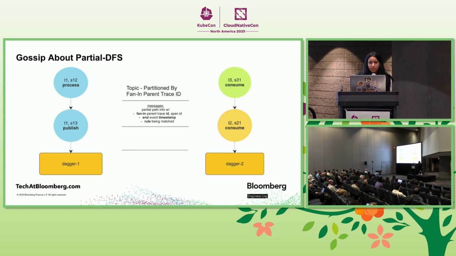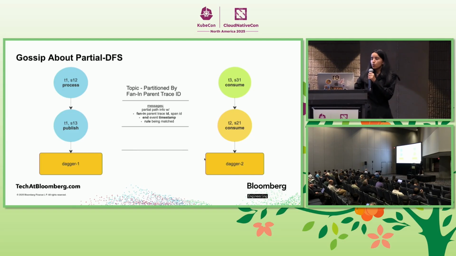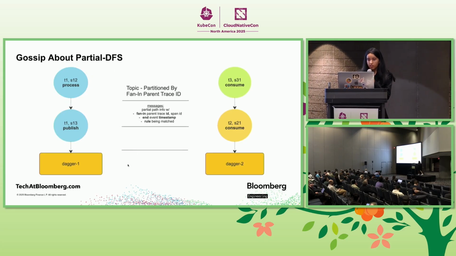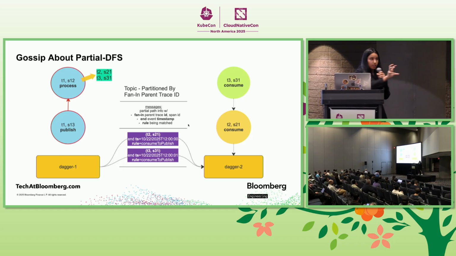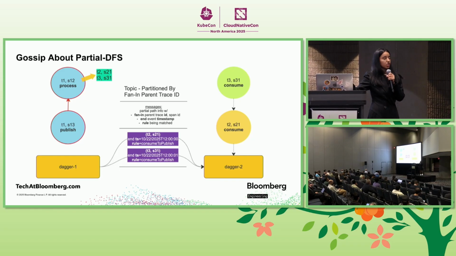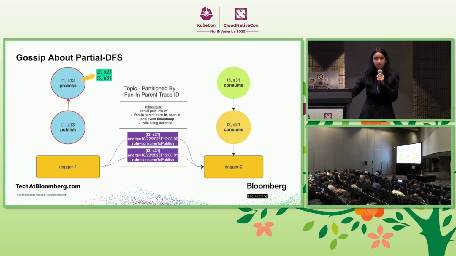Yeah, sorry. Let me talk a little bit more about these Kafka topics in between. So this is the dagger scenario. What they're using when they're sending these messages is this little Kafka topic. In this particular case, we've got a small communication Kafka topic, which is partitioned by the trace ID of this parent fan-in.